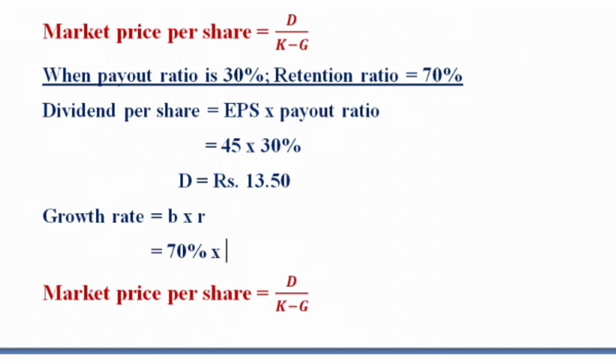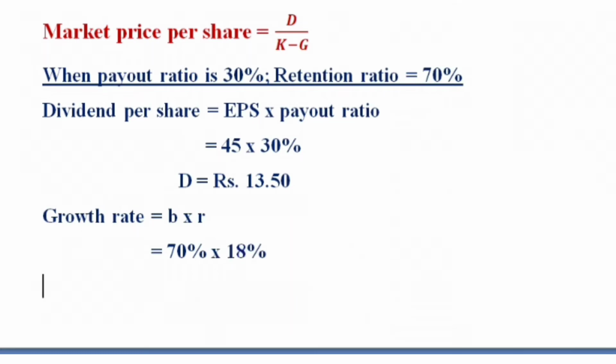Growth rate is B into R, that is retention ratio into rate of return. So 70% is the retention ratio and the rate of return is 18 percentage. Therefore you will get the growth rate as 12.6 percentage or 0.126.